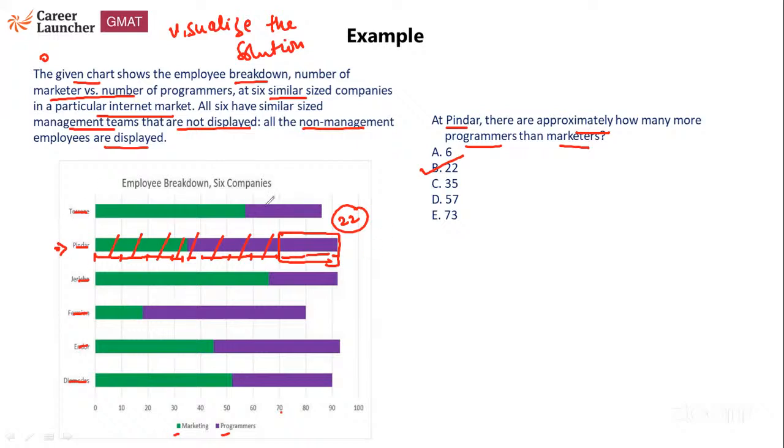Not done a calculation, just visually seeing that the purple region was greater than the green region. And how much was purple? That is just this portion. That was the question itself.